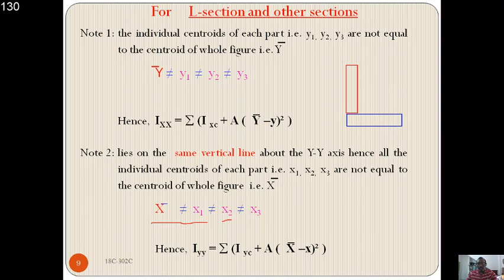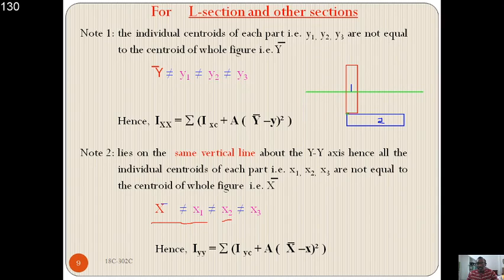Generally the L section has two parts, so this one and this one. If I draw the centroidal x-axis, so this is the centroidal x-axis, right?